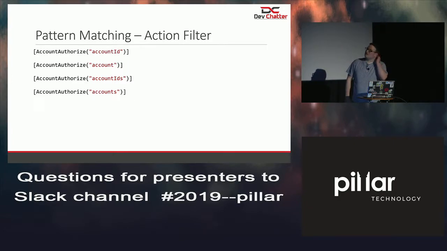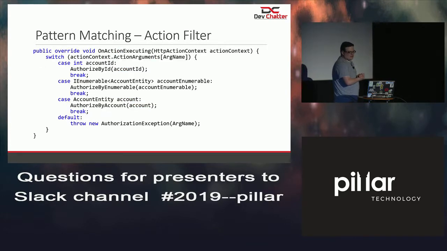So what I can do is I can create an attribute that does this and takes in essentially the name of the parameter that I want to use. So we could also use a nameof here potentially if you wrote it correctly, but that would get complicated. When you do that, your action filter looks roughly like this.